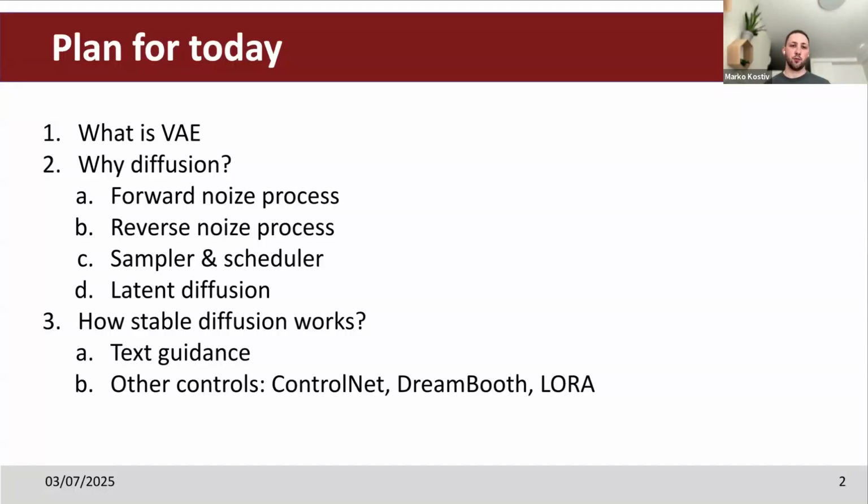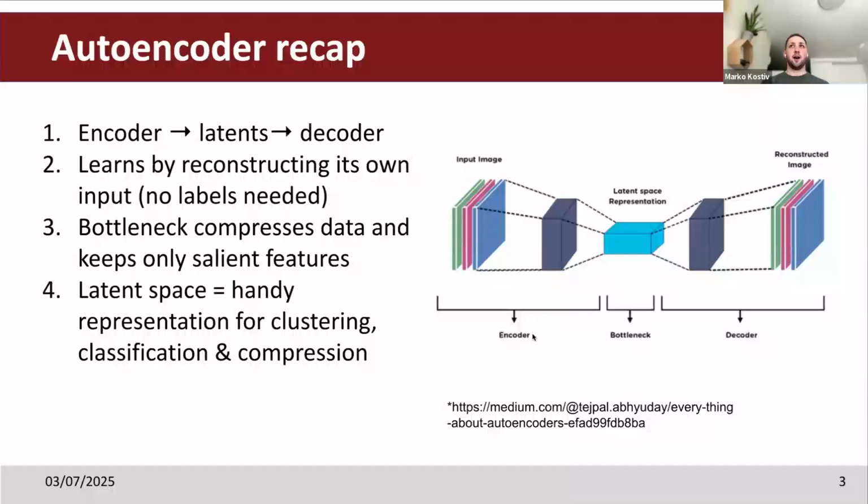Then we'll go to the more state-of-the-art: how Stable Diffusion works, how they made text guidance work, like when you type the prompt and you see the image, how this works under the hood, and what other ways of control there are, how you can infuse more data into the diffusion process.